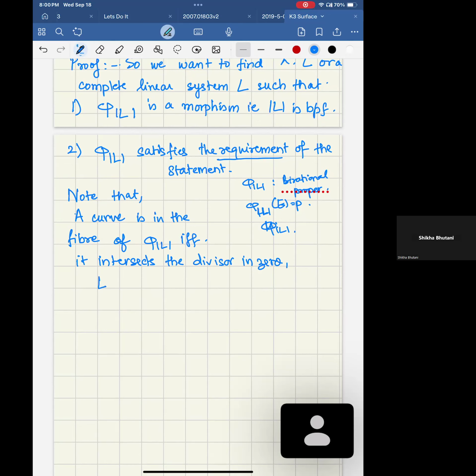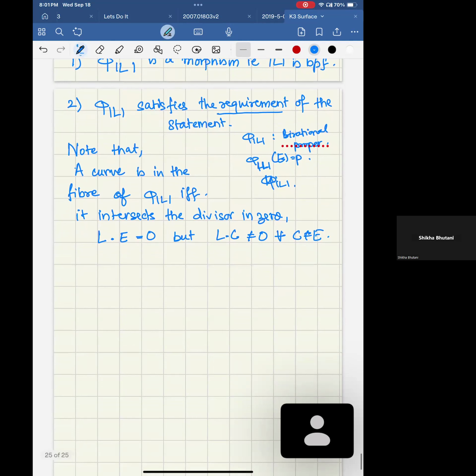That means you need to find a divisor L in such a way that L dot E should be equal to 0, but L dot C should not be equal to 0 for any C that is not E. So if you believe the fact that a curve will be in the fiber of phi L if and only if L intersects the divisor in 0, then what you would require is that you only want to contract E and no other curve, right? So what you would require is that L intersected with E should be 0, but L intersected with any other curve C should not be equal to 0, right? So these are the two conditions that we need.